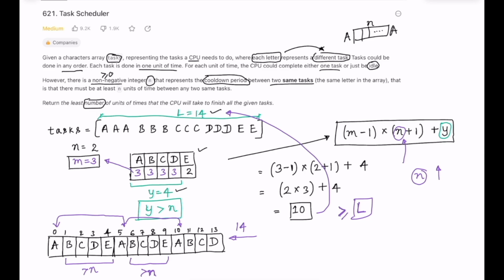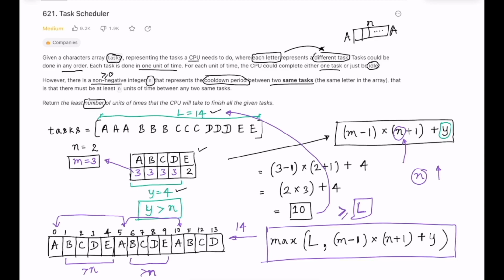So the final formula is this, where we are taking the max of either the number of tasks that are given to us or the same previous formula we had before. So this formula handles the case when the number of most frequent tasks is more than n. So this is our final formula.